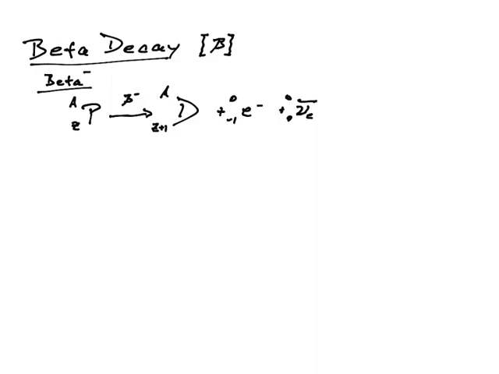So what really happens is in beta minus, a neutron decays into a proton plus an electron plus an antineutrino.